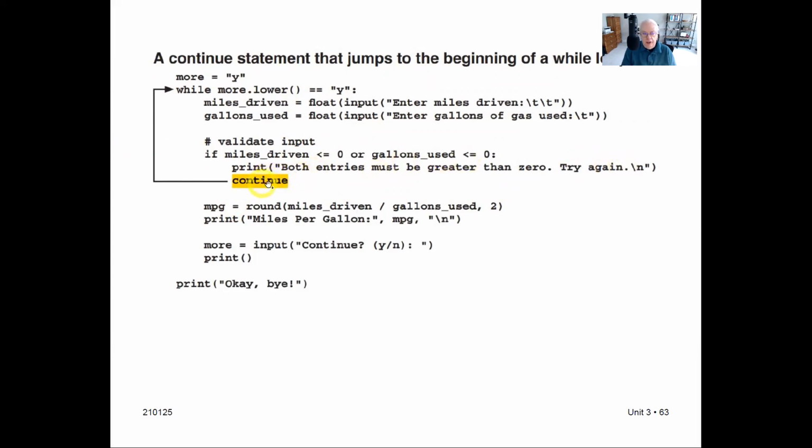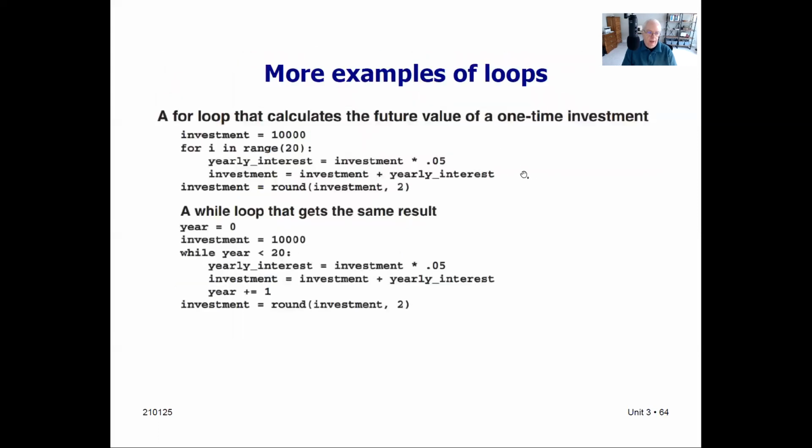It'll print and continue to go back to the top. And that's where we're going to get the prompts again. I messed that up a little bit, but you understand what I'm doing. You probably already figured that out. So definitely more breaks than continues in your programming.